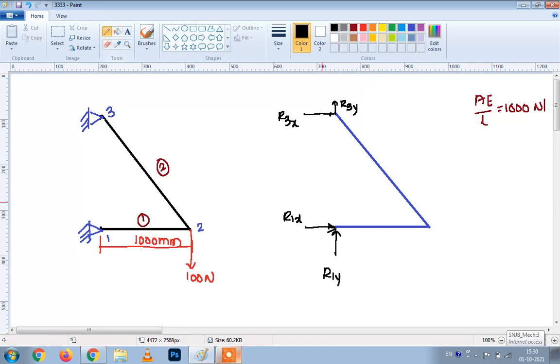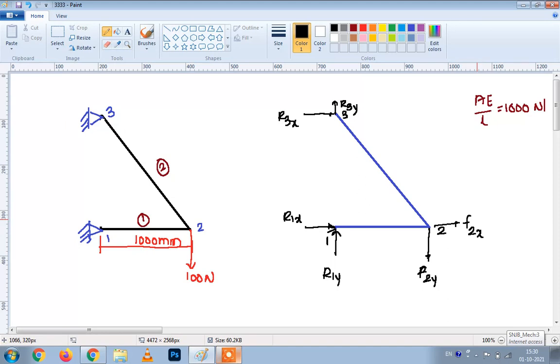Now apart from this, this is our node point number 1, this is node point number 2, this is node point number 3. What we will get here, a force is given. So here force F2Y is given and the value of F2X will be 0.